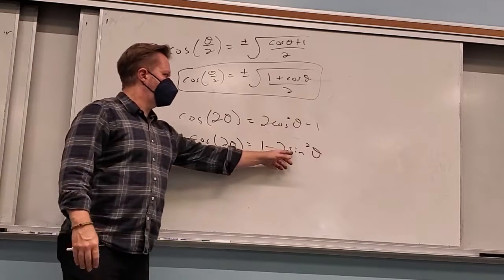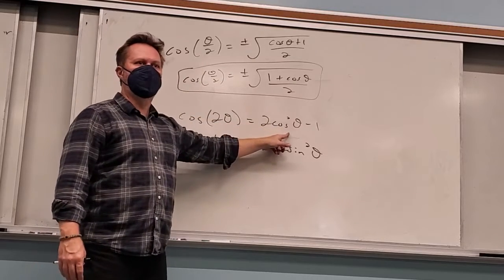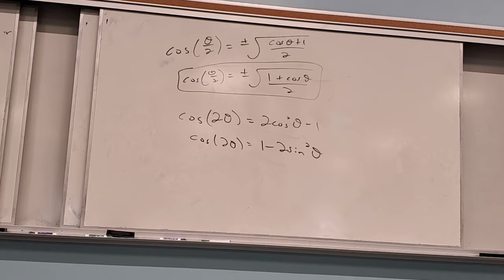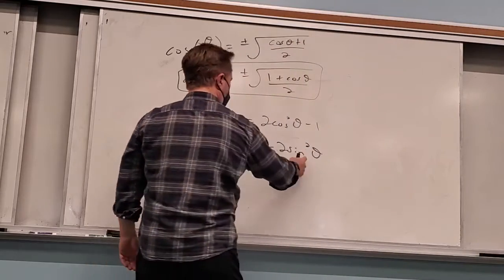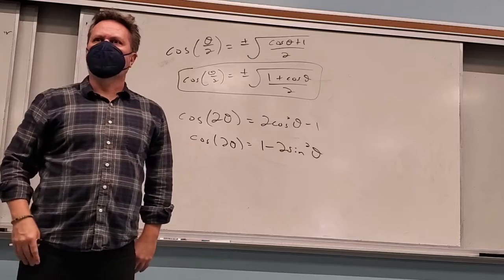If I solve this for sine, the same way we solved this for cosine, I get this. Do you see why there's a minus there? Because now the sine is on the other side, it's negative. So eventually I'm going to have to divide by a negative number.